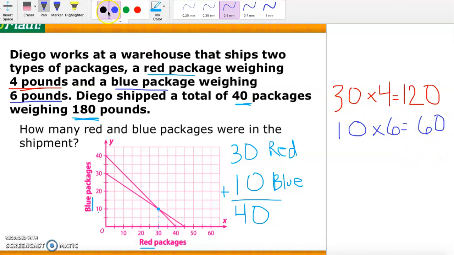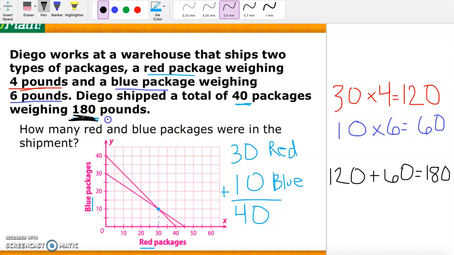When I add the weight of both red and blue packages, I should have 180 pounds from my word problem. So when I double check, 120 pounds from my red packages plus 60 pounds from my blue packages, 120 plus 60, that is 180 pounds.